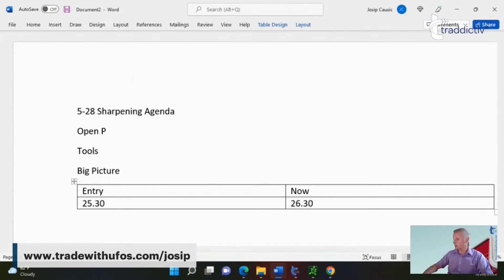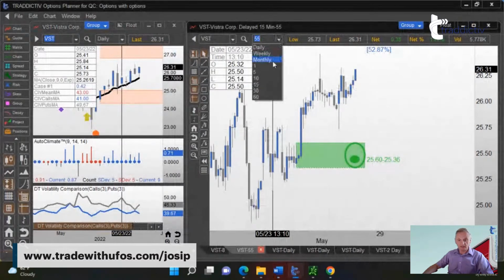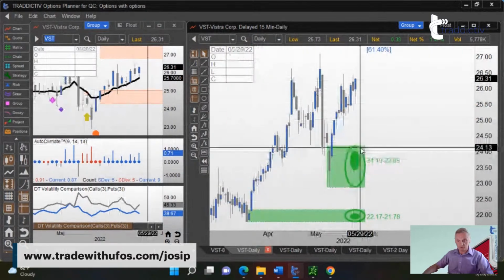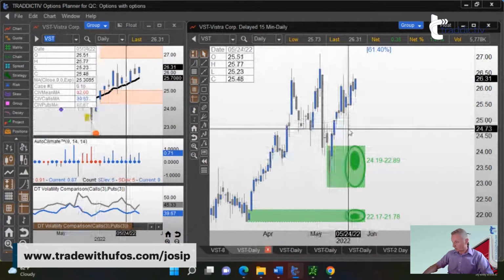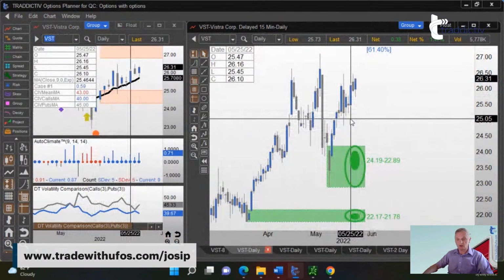So when we look at the bigger picture here on the daily, what we have done is we purchased the call and we financed it with the bear call spread.